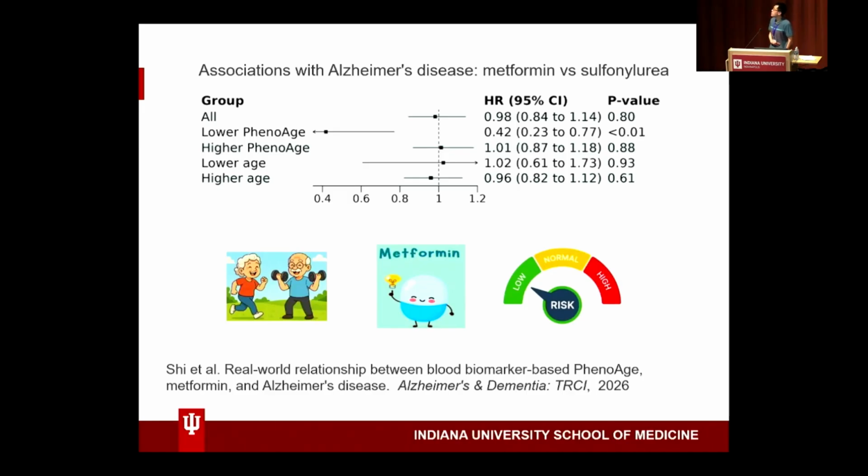We observed that metformin compared to sulfonylurea is associated with a lower risk of Alzheimer's disease only in individuals who are biologically younger, but not younger with respect to the regular age. We suspect metformin may have some anti-aging effect, which may indirectly benefit the protection of Alzheimer's disease. But the anti-aging effect only works in an early intervention fashion for those individuals with a younger biological age.